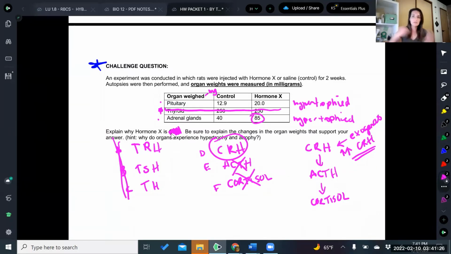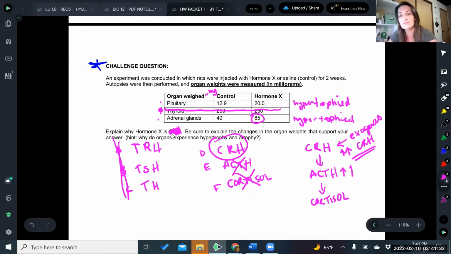And those high levels of CRH would be overstimulating the pituitary cells, causing hypertrophy of those cells, and overproduction of ACTH, which would then overstimulate the zona fasciculata, leading to overproduction of cortisol.